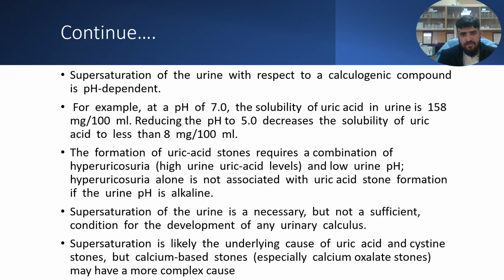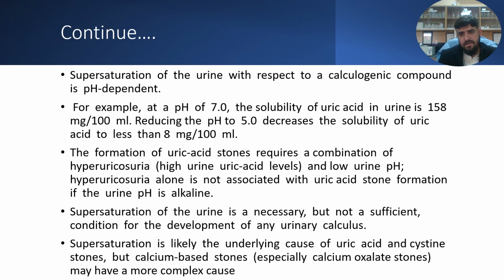So the formation of uric acid stone requires a combination of both hyperuricosuria, that is the supersaturation, and low urine pH. Hyperuricosuria alone is not associated with uric acid stone formation if the pH is alkaline.